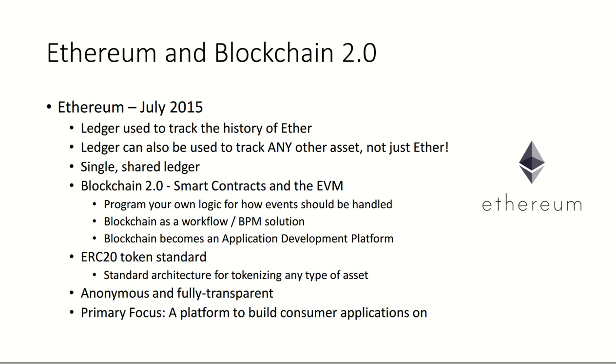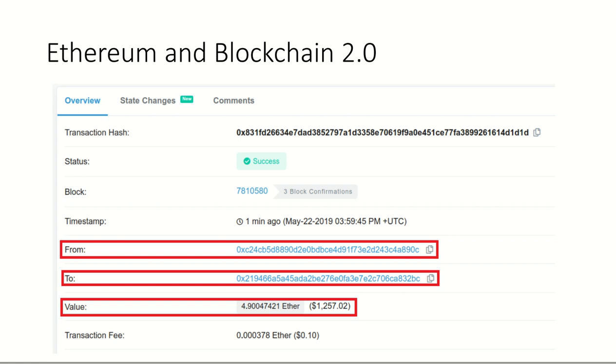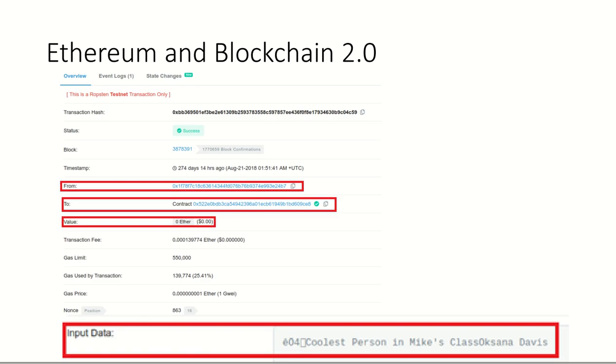So we can look at a couple different Ethereum transactions. We can look at a financial transaction. And here we see something very similar to what we saw with Bitcoin. Just a little bit of Ether being sent from one account to another. We can also look at a non-financial transaction as well.